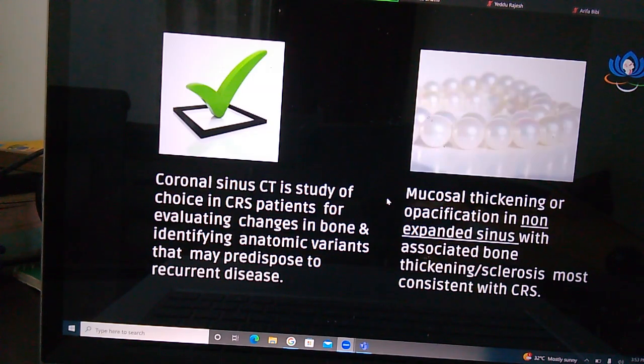This point, non-expanded sinus, is very important. Bone changes are there, thickening or sclerosis, mucosal thickening is there, opacification of the sinus is there, but the sinus is not expanded. This is a very critical point we need to remember.